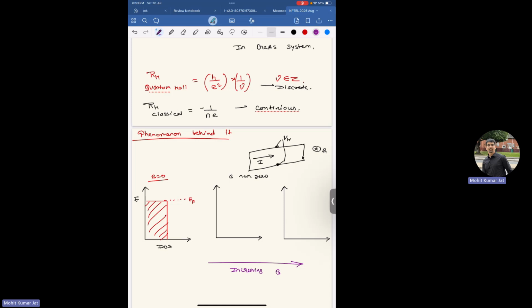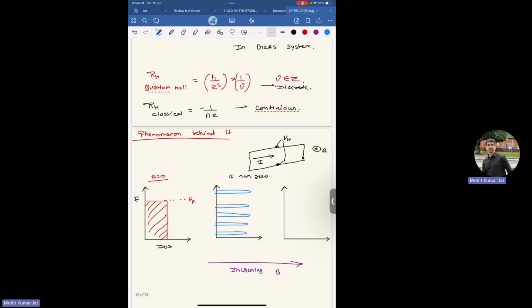Whatever density of state you have here, in the presence of a magnetic field it will get divided; the states will become degenerate, and they will be equally spaced. This is how the Landau levels will be there.